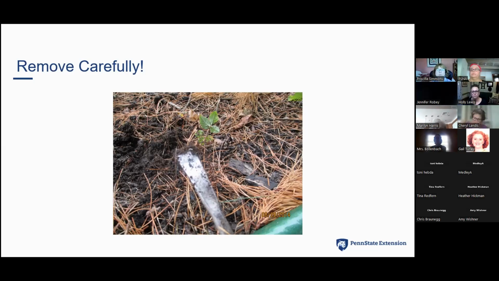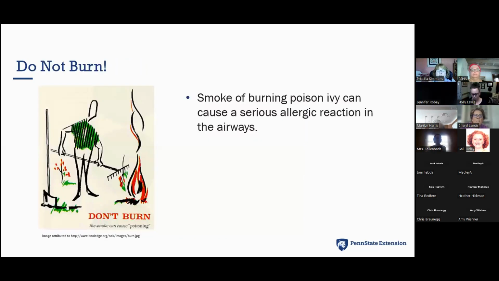And then I pull the plastic bags over the poison ivy. Or alternately, I have learned how to dig it out, but it should be disposed of in the trash. And I'll get to that in a moment.